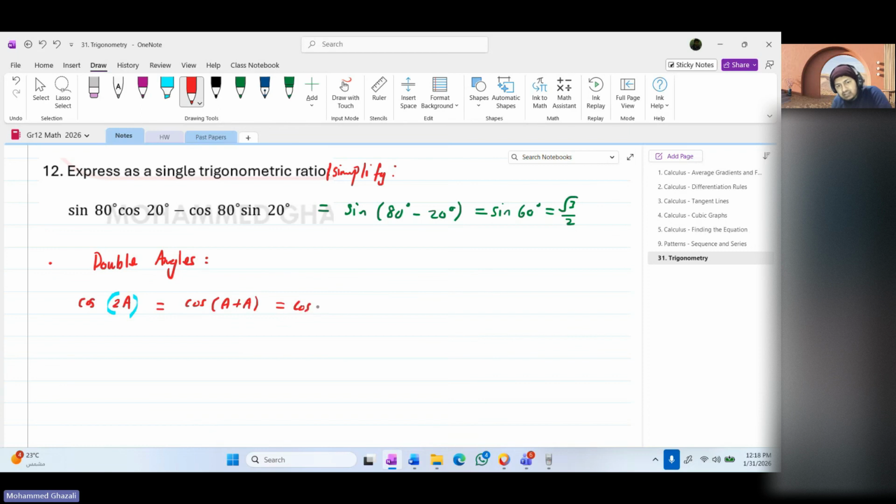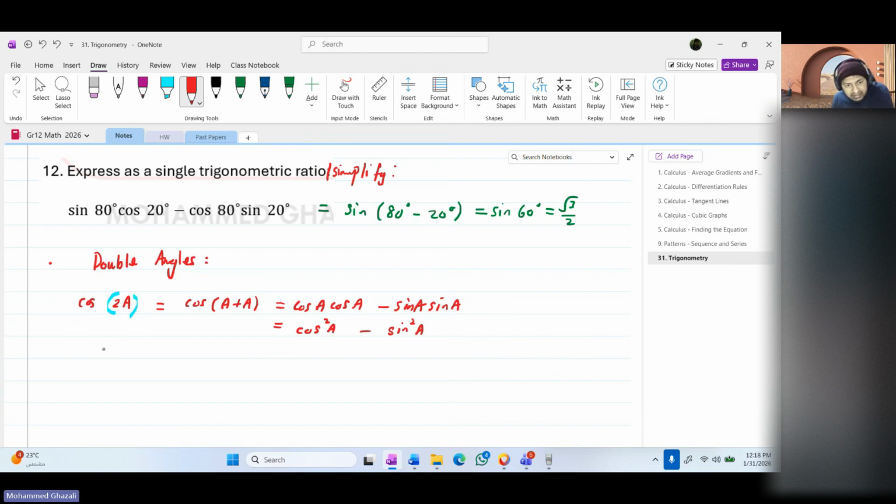It is cos A cos B minus sine A sine B, because both A and B are the same. It is A. So what is it? Cos squared A minus sine squared A. Aha. So cos squared minus sine squared is cos double angle.